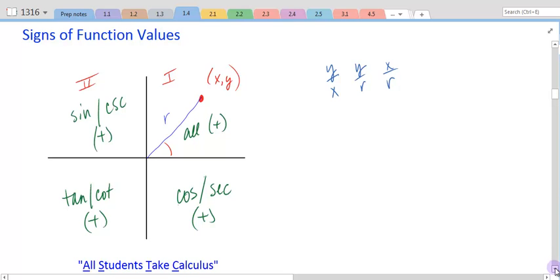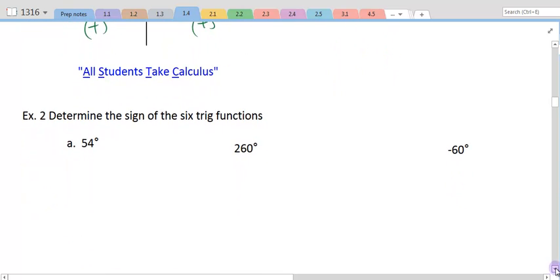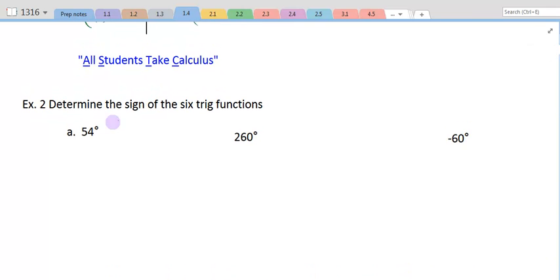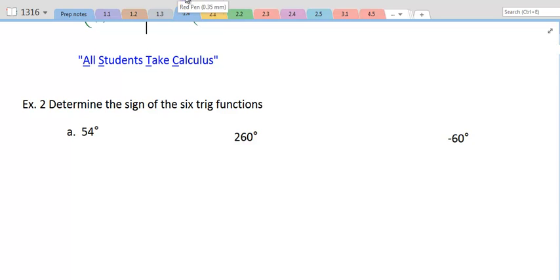So taking that idea, let's practice an example down here. For example 2, I want to determine the sign of my 6 trig functions. And the first part would be if I have an angle measuring 54 degrees. The one thing I hope you learn in trig that's going to help out the most is let's start by drawing a picture.